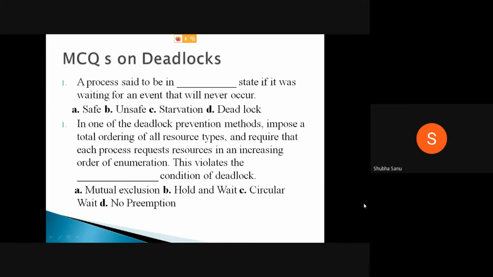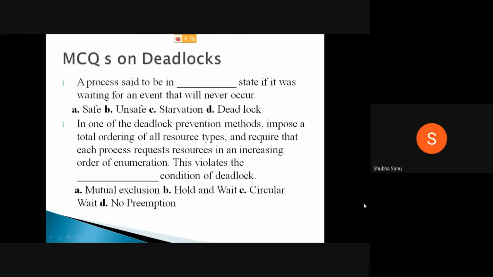This violates the dash condition of deadlock.